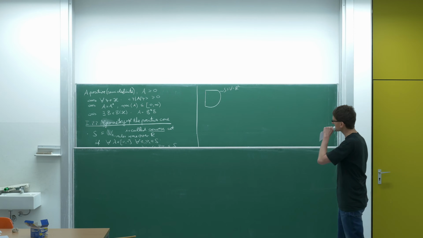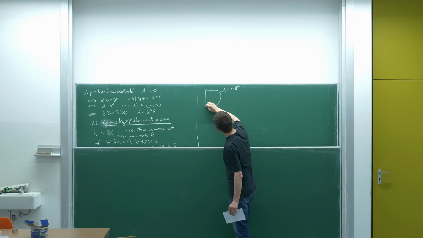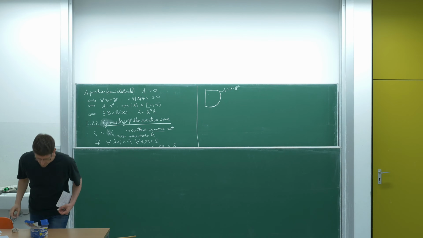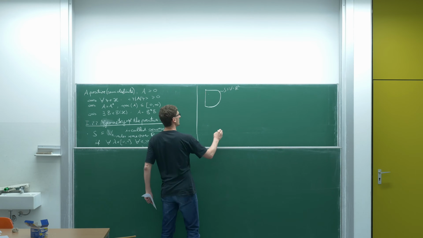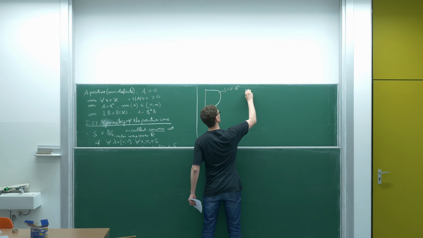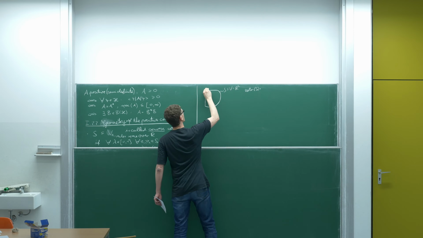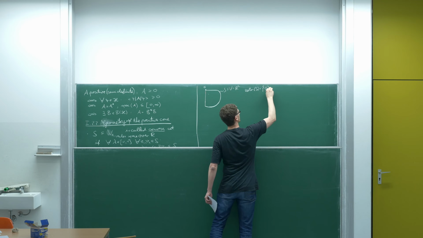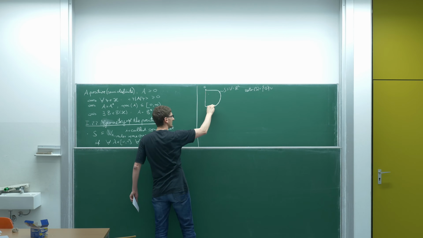This set is convex, and the extreme points would be this point, this point, and all points on this arc.